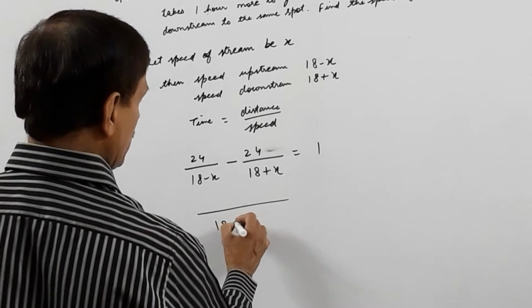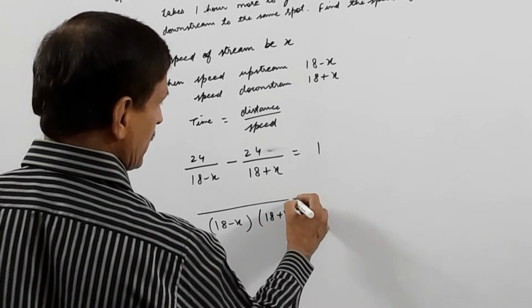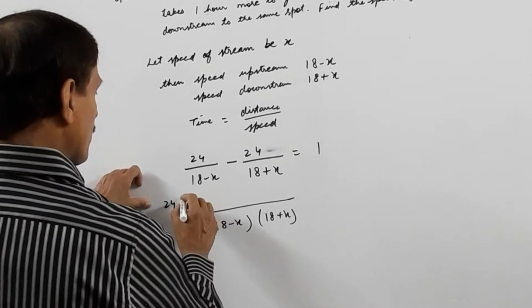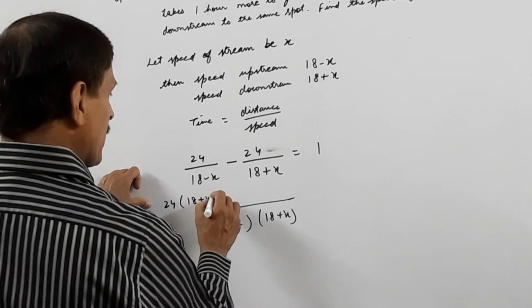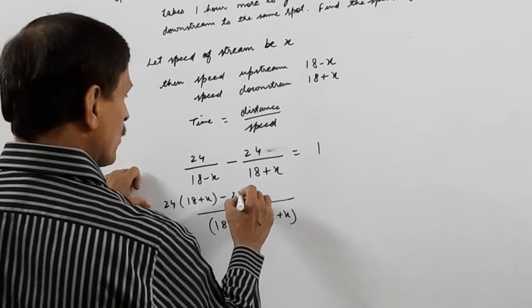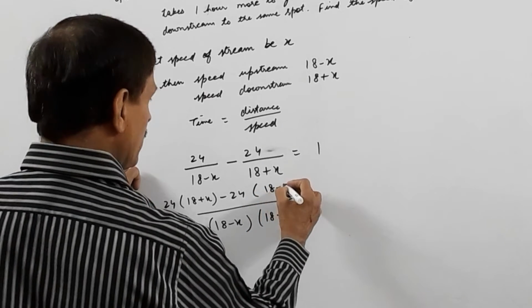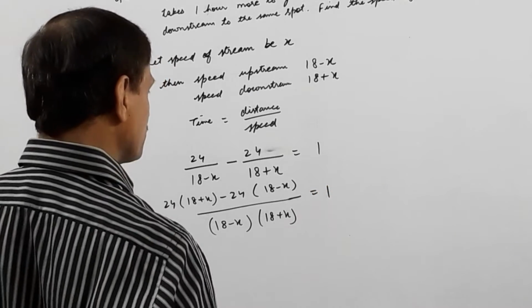This implies 24 into 18 plus x minus 24 into 18 minus x, upon 18 minus x into 18 plus x, is equal to 1.